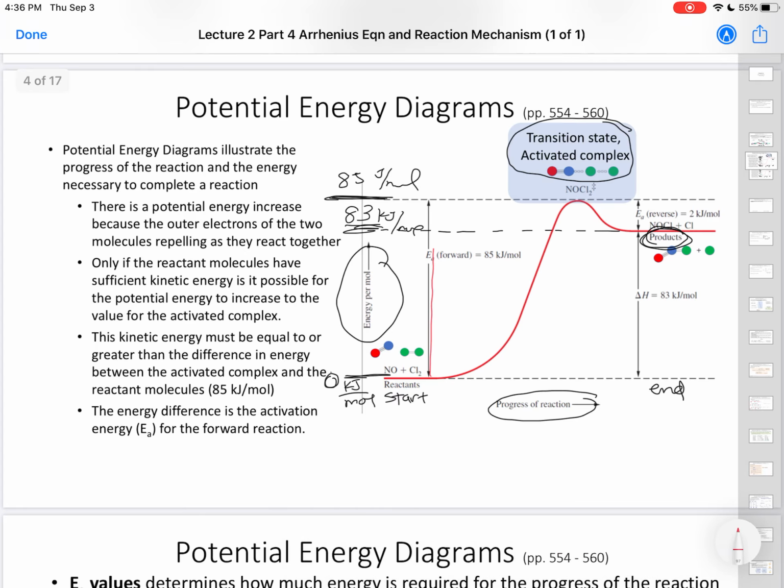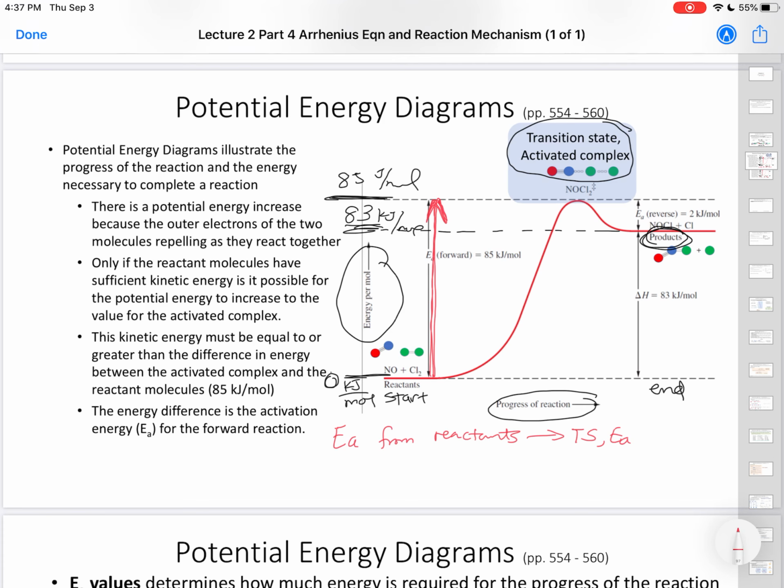It should be a single-headed arrow pointing upwards, so don't draw a double-headed arrow. Just draw a single-headed arrow pointing upwards from the reactant to the transition state. The energy of activation is from the reactants to the transition state, the activated complex.